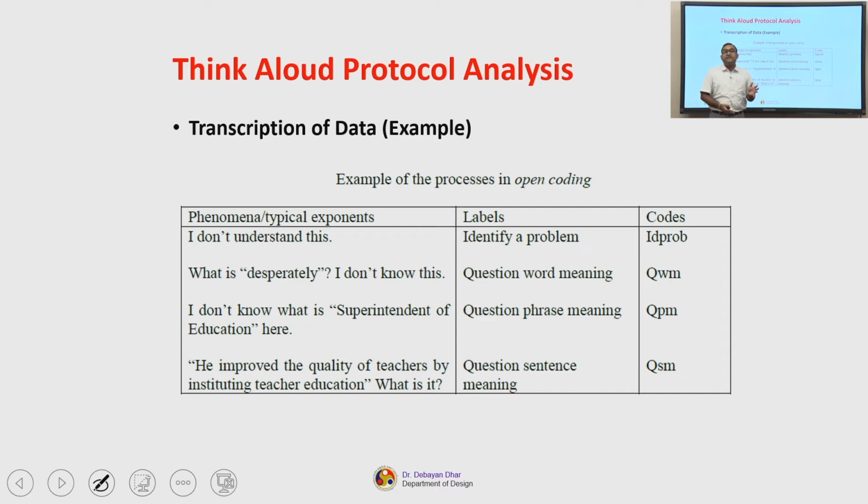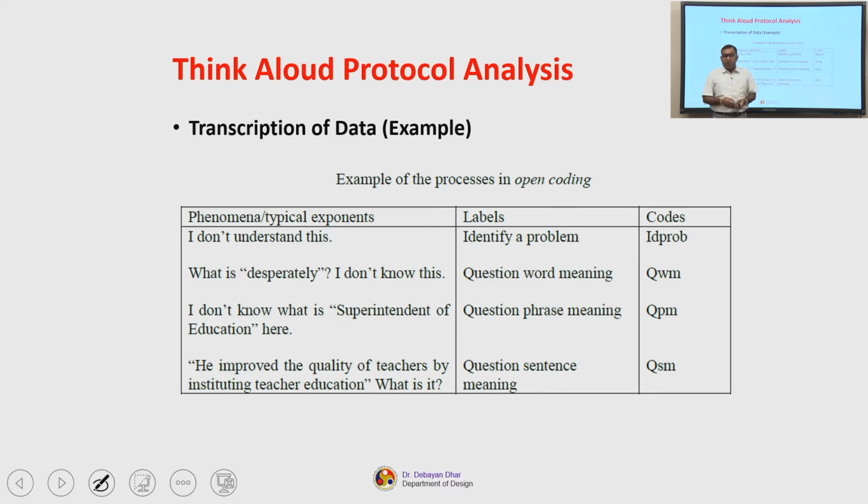What you see on the left hand side of the table are the verbalizations that this participant made: I do not understand this, what is desperately, I do not know this, I do not know what is superintendent of education here, he improved the quality of teachers by instituting teacher education, what is it? So, these are the verbalizations that were captured by the recording session.